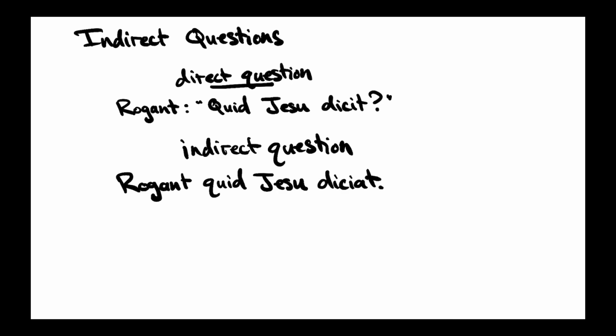They are asking, what is Jesus saying? The indirect question is, they are asking what Jesus is saying, or they're asking about what Jesus is saying, something like that. And so you get your primary sequence verb, rogant, and then contemporaneous action with your present subjunctive. But that's an indirect question. It's just not a direct quote.